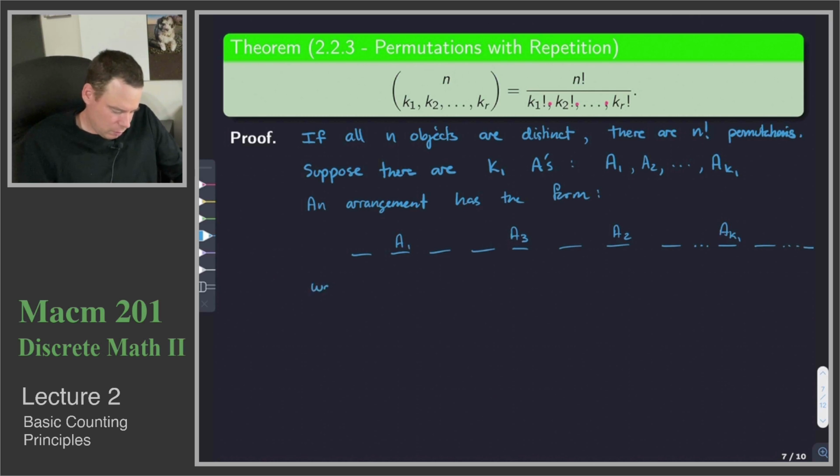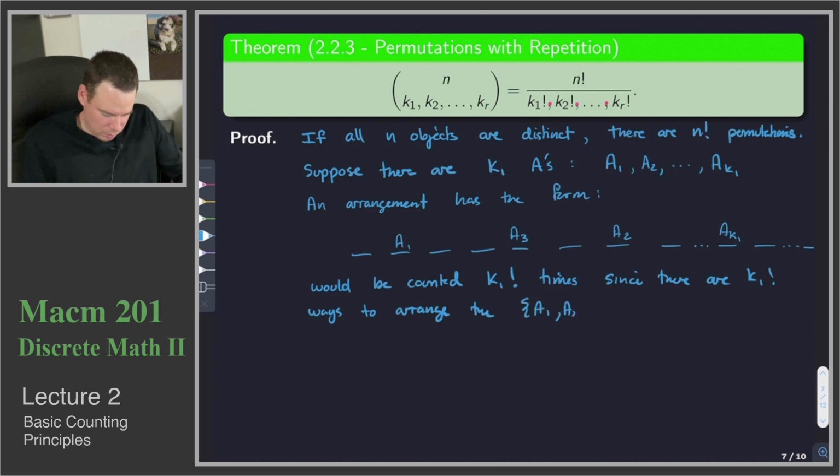This would be counted K1 factorial times, since there are K1 factorial ways to arrange the A1, A2, all the way up to AK1.